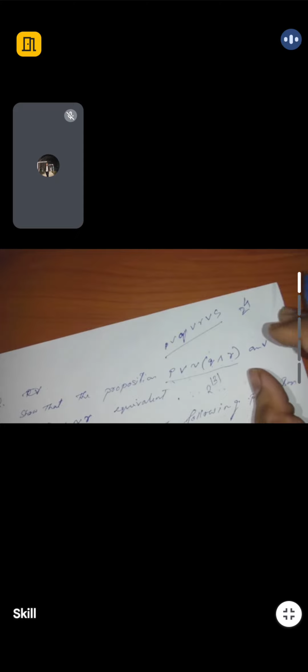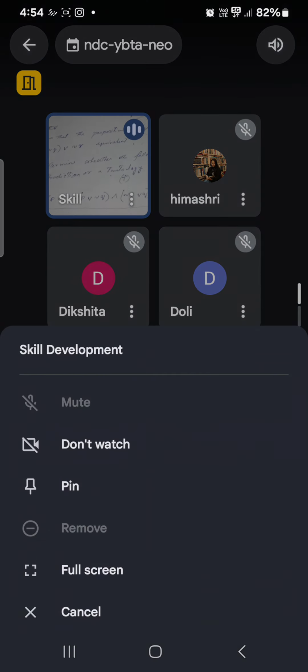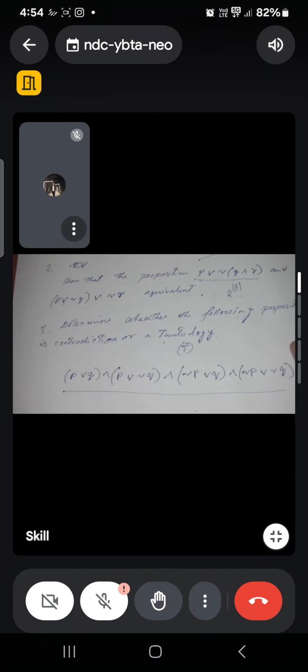Just tell me, I want some input. Am I going too slow, or do you want me to go a bit faster, or is it fine? I want your feedback.